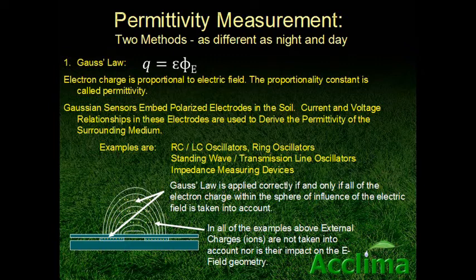If a permittivity measuring system is dependent upon monitoring charge or charge movement or voltage amplitudes, and if unmeasurable charge and distorted fields are present in the system, then Gauss's law becomes a problem rather than a means to a measurement. Sensors that are based on or impacted by Gauss's law report substantial permittivity errors when external soil ions are present.